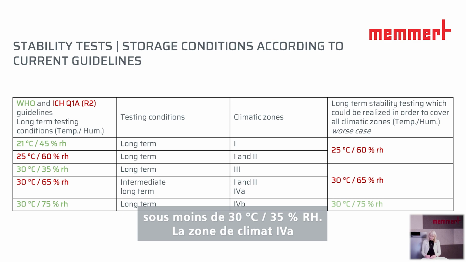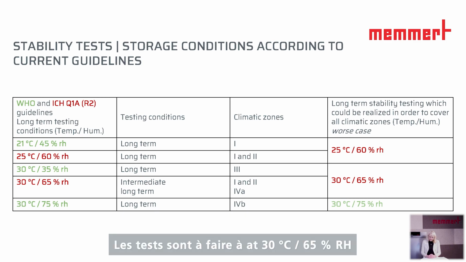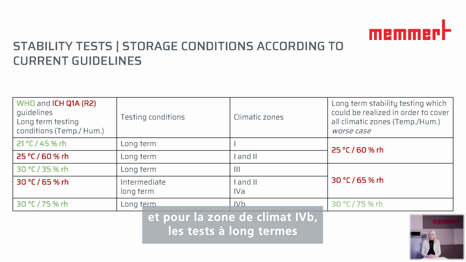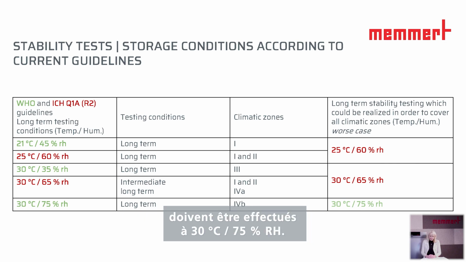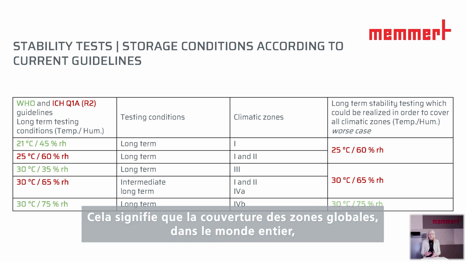For climate zone 4A, which is hot and humid climate, the testing is at 30 degrees and 65%. And for climate zone 4B, the long-term testing shall be done at 30 degrees and 75% RH. So that means that there's a coverage of the global zones worldwide.